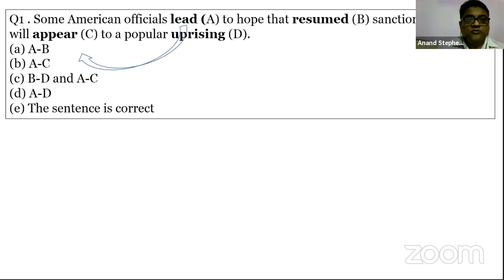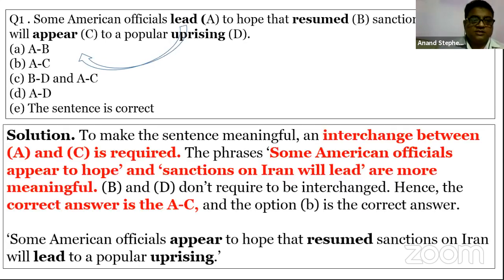Some American officials appear to have that resumed section on Iran will lead to a popular uprising. Right? So this is the solution. To make the sentence meaningful, an interchange between A and C is required.